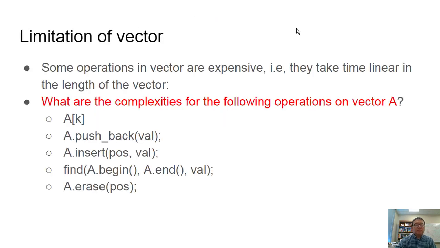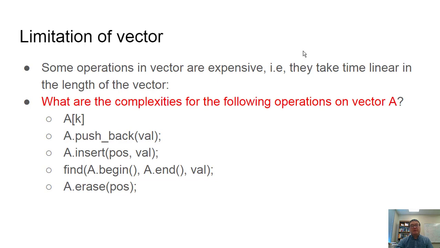The reason we need these data structures is in some sense because there are some limitations for vectors. In this course, we have used vectors a lot. It's a very powerful data structure. However, it does have limitations in the sense that some operations in vector are very expensive.